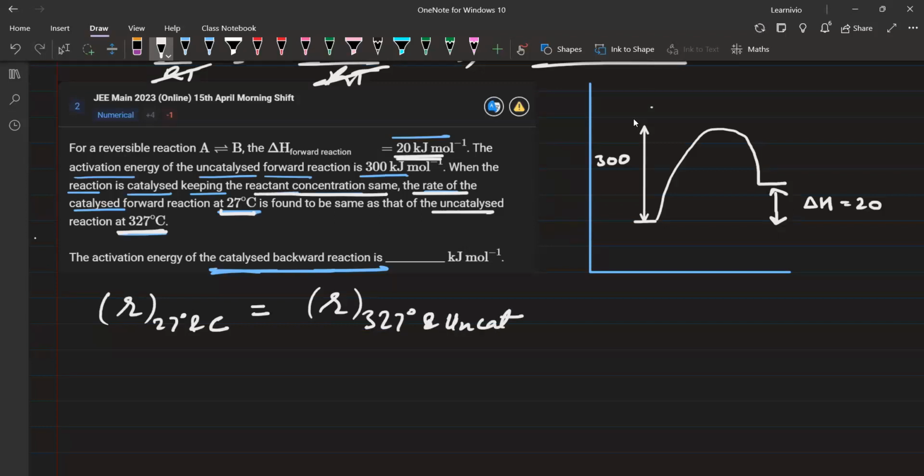Does this make sense? Yes or no, please tell me. Both the rates are equal. The rate of forward reaction at 27 degrees Celsius is found to be same as that of uncatalyzed reaction at 327 degrees Celsius. Does this make sense? Yes or no, please tell me.